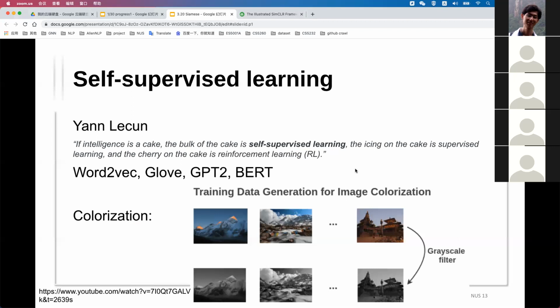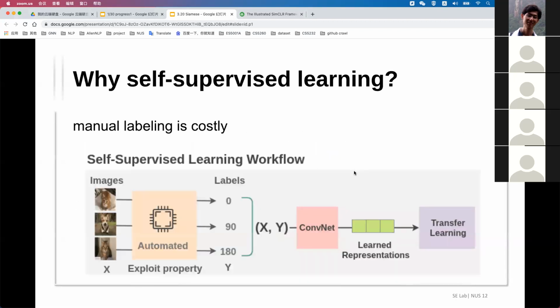We can just use an automatic approach to label the grayscale picture. But why is this called self-supervised learning? Yeah, so we go back to the workflow. You can see that self-supervised learning actually learns a representation. This representation is the goal of self-supervised learning, and then we use it for the following downstream task.